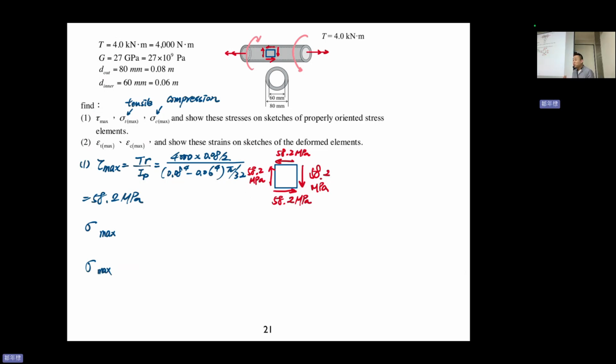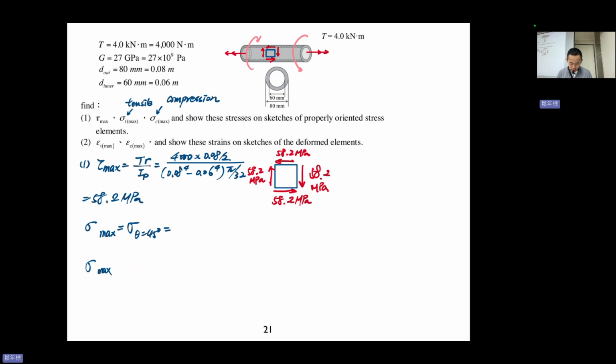Actually, we don't know it yet. All we need to do is determine the maximum sigma, but we are not sure of the direction. So let's try. We know that theta needs to be 45 degrees or 135 degrees. Okay, so let's try theta equal to 45 degrees.